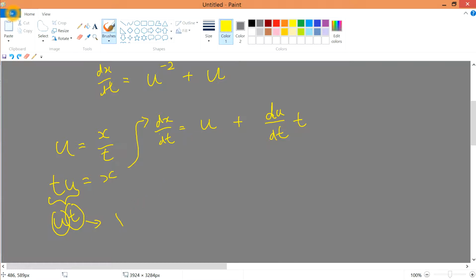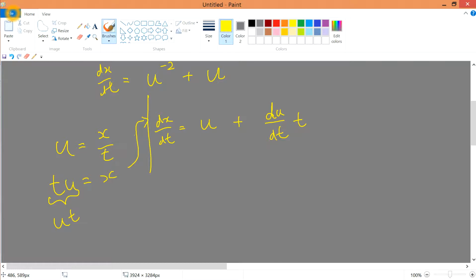And then if you differentiate in terms of u, we differentiate this, we keep t, and therefore you have du over dt, and then you keep your t over here. This is exactly what I'm doing, okay? Hopefully this is very clear.